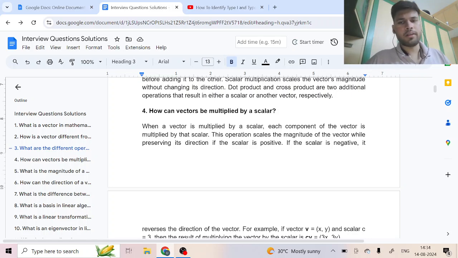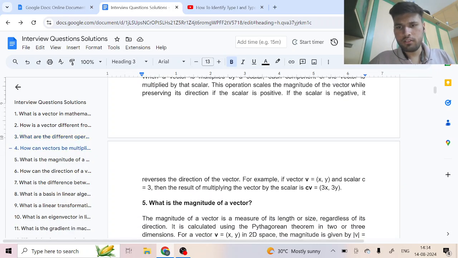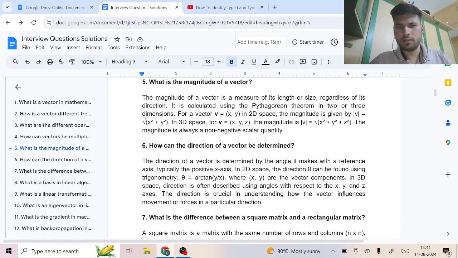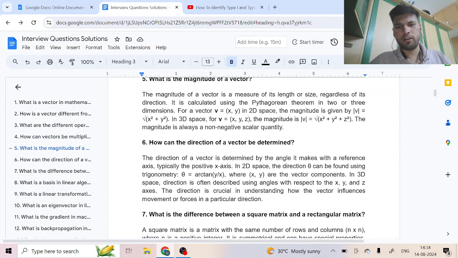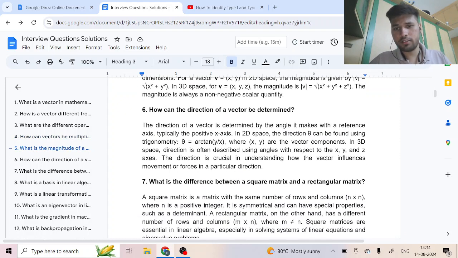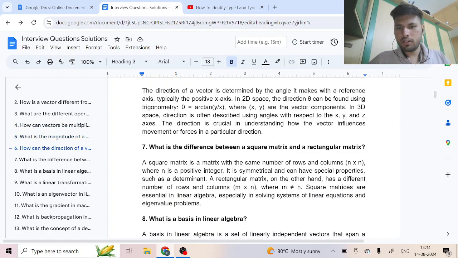Just like a simple multiplication, we multiply the scalar with the vector. For example, v equals (x, y) is a vector and c equals 3 is a scalar. So we multiply 3 by x and 3 by y, so (3x, 3y) is the result of the vector multiplication. This is pretty clear. I already told what the magnitude of a vector is, and how the direction of a vector is determined.